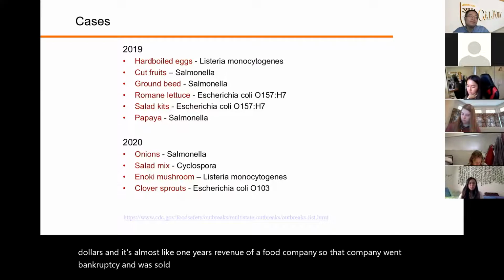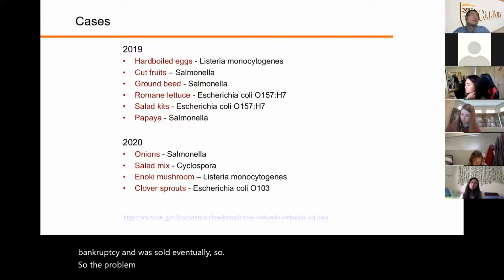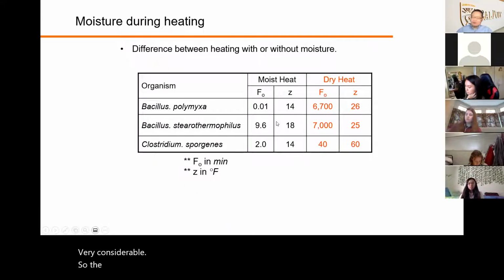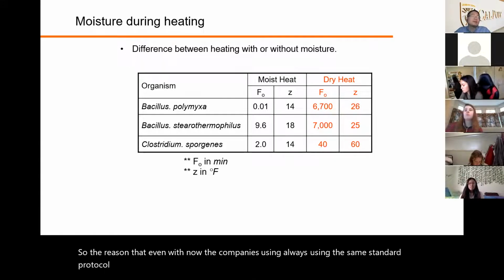So the economic loss from those recalls is very considerable. Even now, the companies are always using the same standard protocol to process foods, but we still have a lot of those issues.